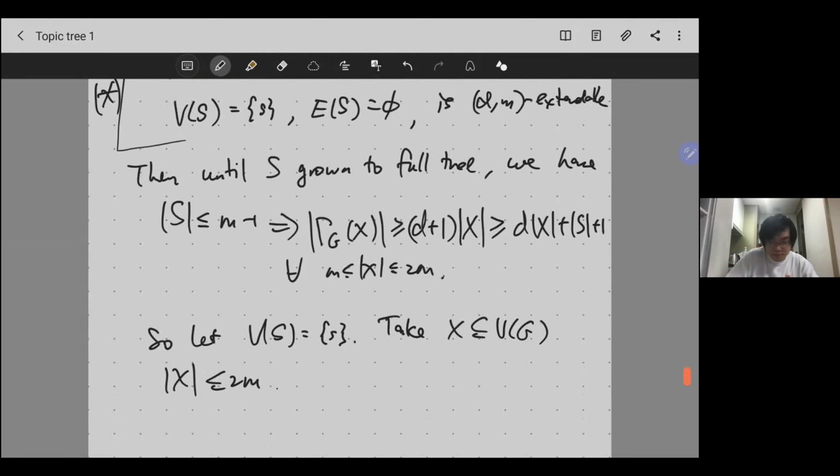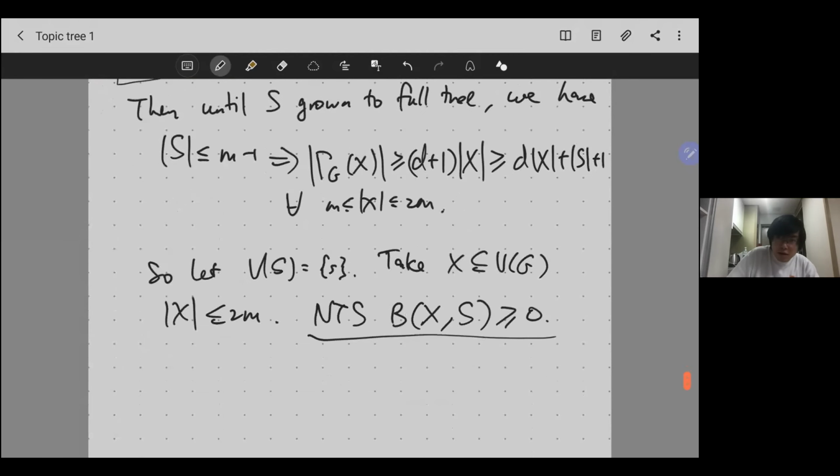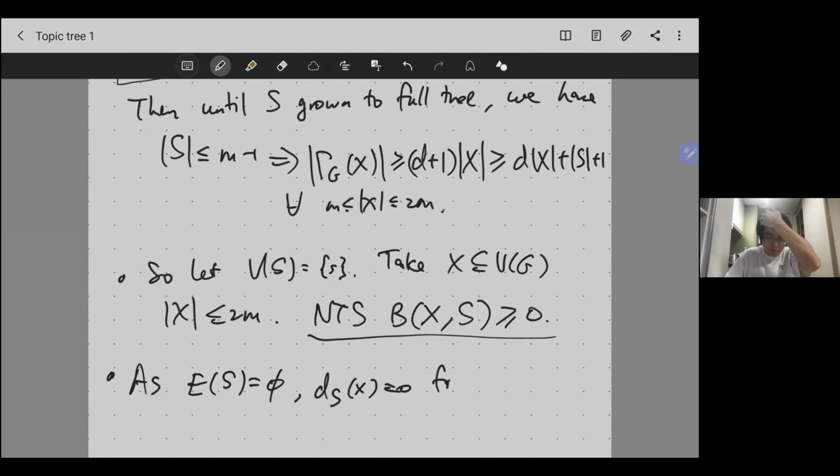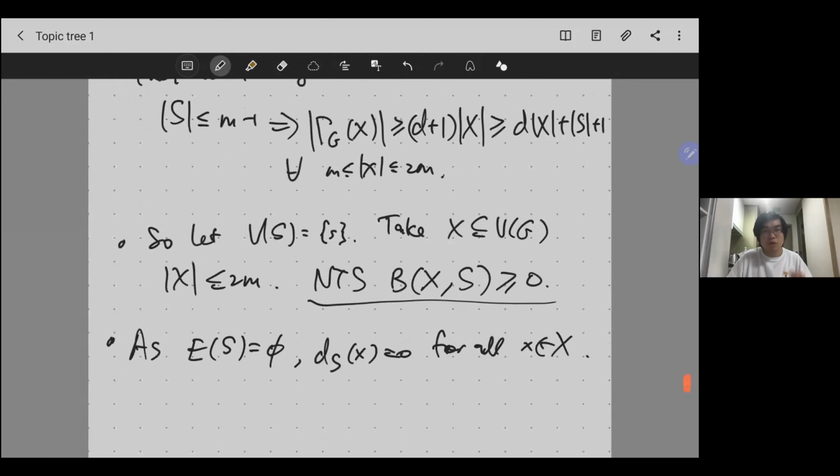Okay, we need to show the balance of X with respect to S is non-negative, right? To see this, as S is the empty graph, we have that the degree in the partial embedding is always 0 for all little x in capital X. That means we don't need to worry about the degree sum in the definition of balance.